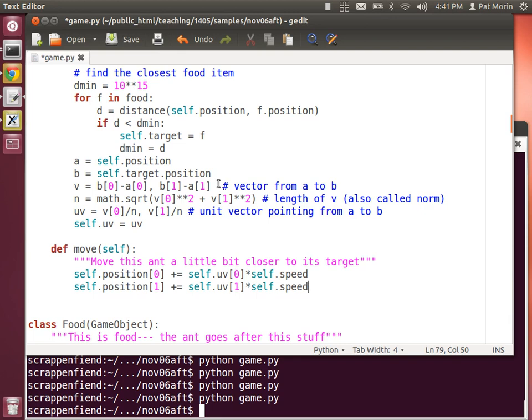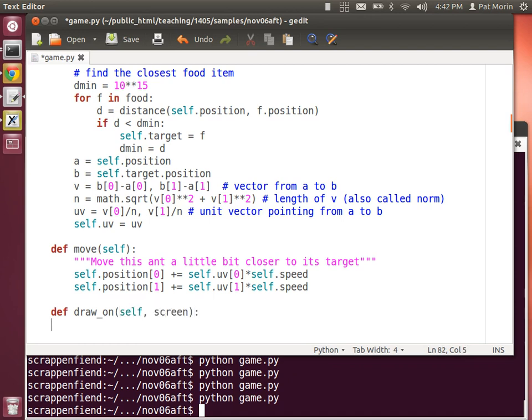Okay. Now we would like to change the picture of the ant, the way the ant appears when it's moving in a particular direction. So there's a few ways we can do that. I think for the way that we're going to proceed, we'll do maybe what's not the most efficient thing, but it'll be the most practical for where we want to get to eventually. And that's just by redefining the ant's draw-on method.